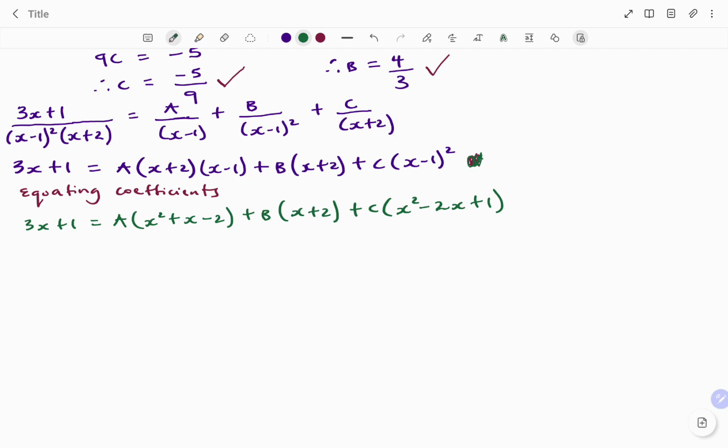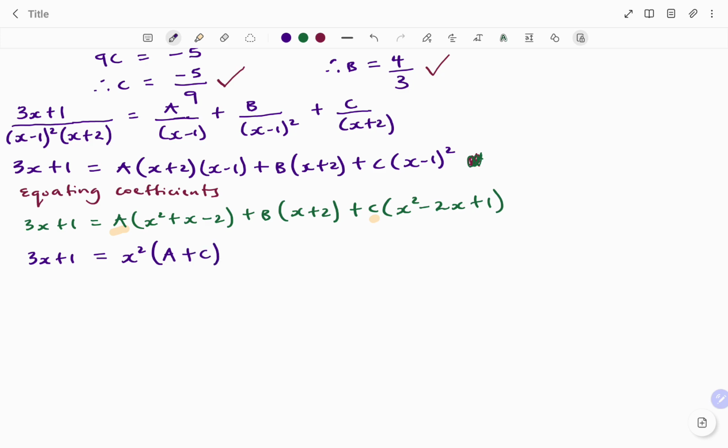So on my left hand side, I still have my 3x plus 1 equals, for factors having x squared as coefficient, that will be my a and my c. If you notice, x plus 2, which is multiplying b, does not have a coefficient of x squared. So the only factors that have that will be a plus c.